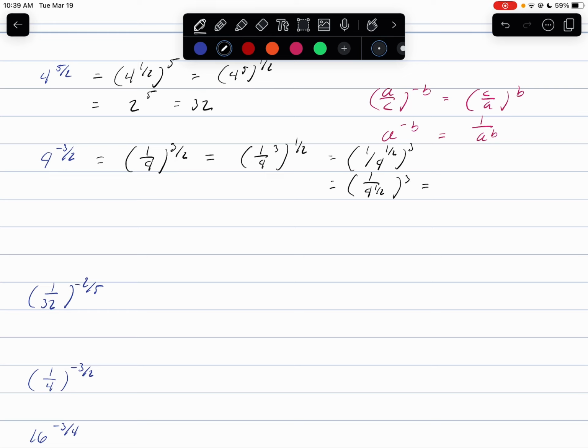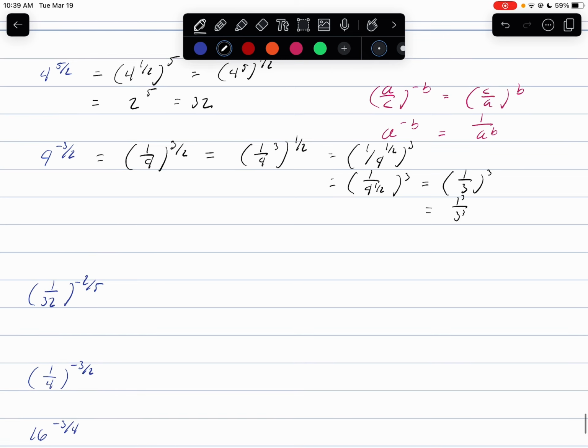And the square root of 9 is just 3, so this becomes 1 over 3 to the third. And that's because we can think of this as 1 to the third, but 1 to the third is just 1. And 3 to the third is going to give us 27. So we're going to have 1 over 27.